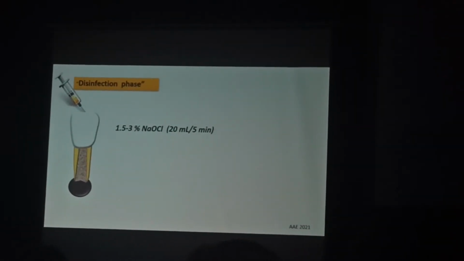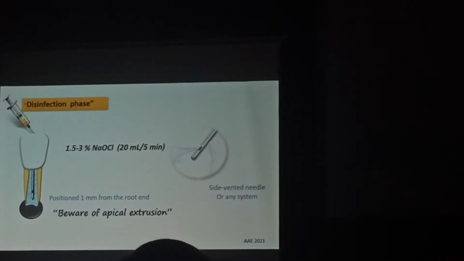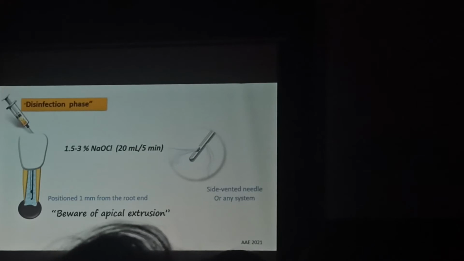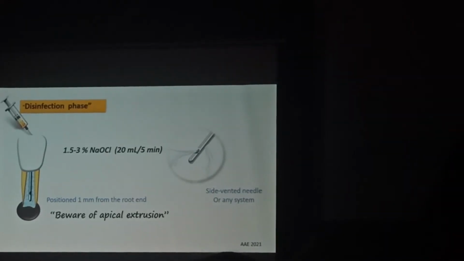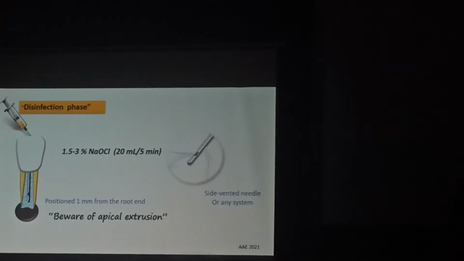So here is the technique. We use 1.5 to 3% sodium hypochlorite to irrigate the canal using side-vented needles to prevent extrusion of the irrigant, and beware that the irrigant can destroy some cells around the tooth.